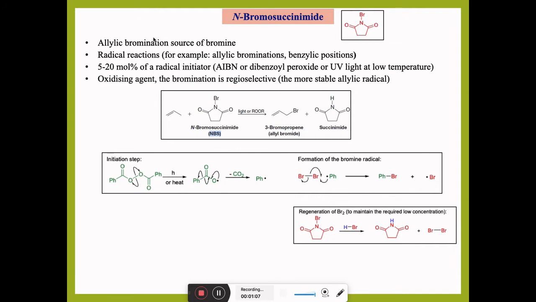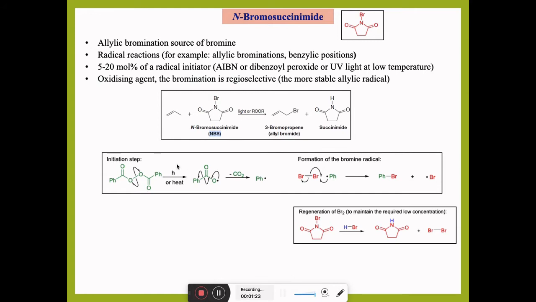Now for example, this is propene. When it is treated with N-bromosuccinimide in presence of light or radical initiator, it will give you allyl bromide and succinimide.